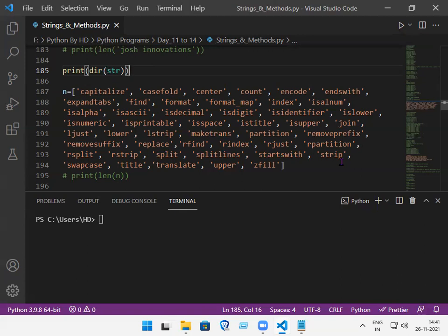Maketrans is there in the case of only strings. rindex I have in the case of strings. Then find, all these things are in the case of strings. So you are doing two things, seeing and writing.